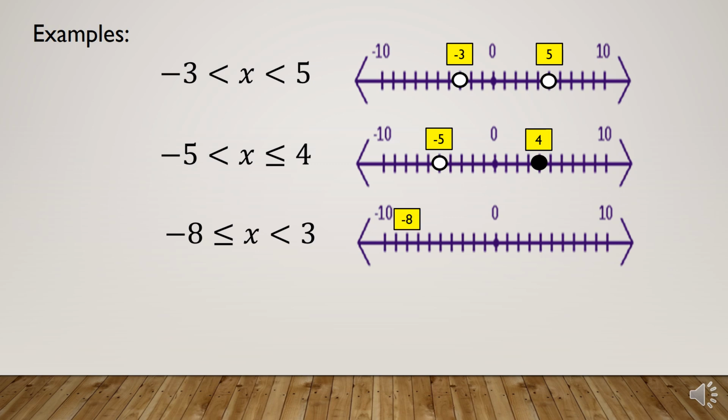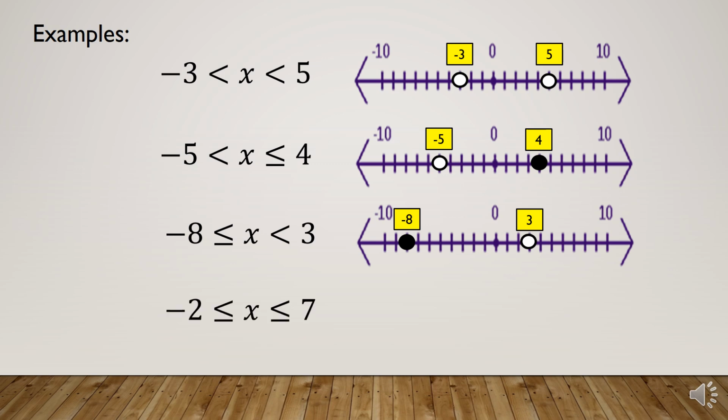Since the inequality is less than or equal, we will use a closed circle. Then we have also 3. You have observed that we use the inequality less than, so we will use an open circle. So you have observed that -8 is a closed circle, it means it is included, while 3 is an open circle, it means that it is not included in the values of x.